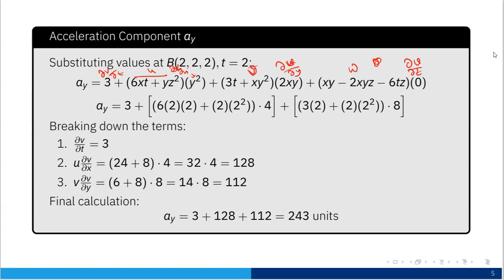So ∂v/∂t is 3, u we already know is 32, and ∂v/∂x is 4, so that will give 128. v we know is 14 and ∂v/∂y is 8, so we get 112, and this last term is 0. So ay will be 3 plus 128 plus 112, that will give 243. So the acceleration component ay will be 243 units.